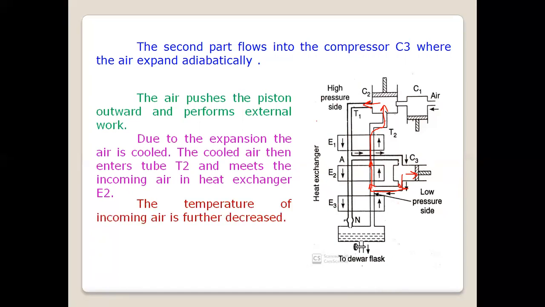When this air passes through tube T1 and through E2, it meets the incoming air in heat exchanger E2. Because this air is cold, the temperature of the incoming air is further decreased.